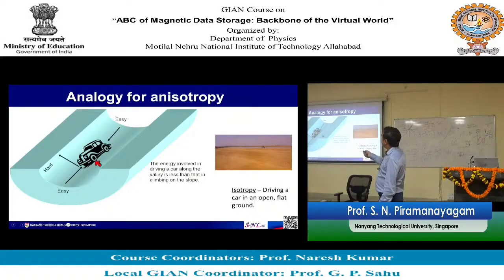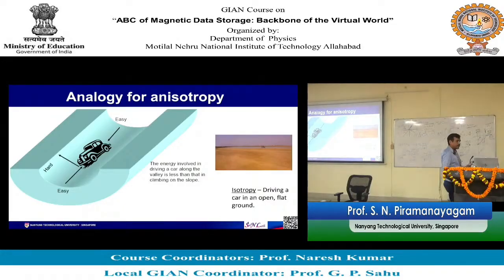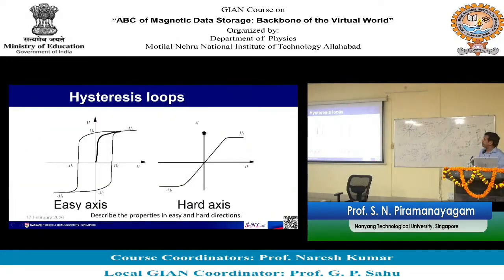But in the hard direction, when I try to move the car up, I stop the accelerator, no brake, then the car will come back to the ground state. So in the hard direction, there is no equilibrium. Equilibrium is somewhere else. So if you leave the car here, the car won't stay there, it will come back to the ground state.